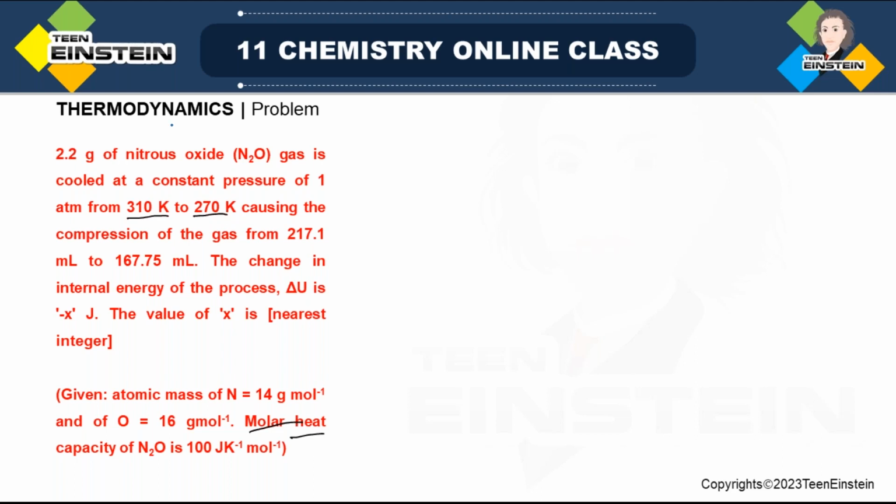So 2.2 gram of nitrous oxide gas is cooled at a constant pressure of 1 atmosphere. So here pressure is 1 atmosphere.